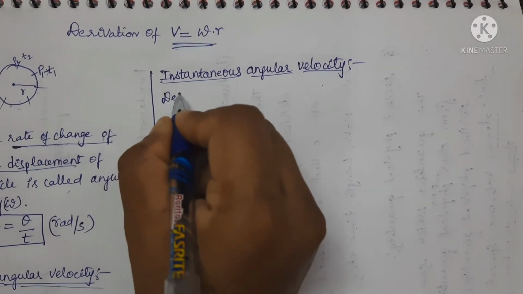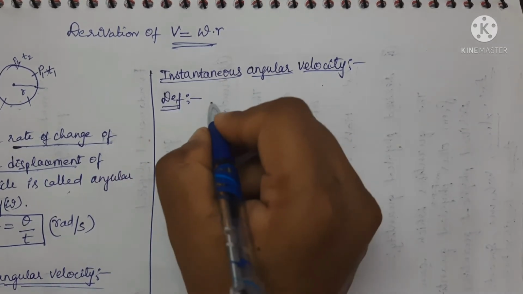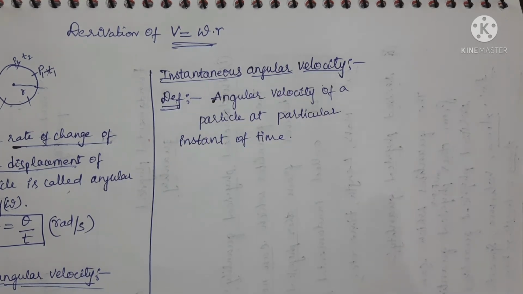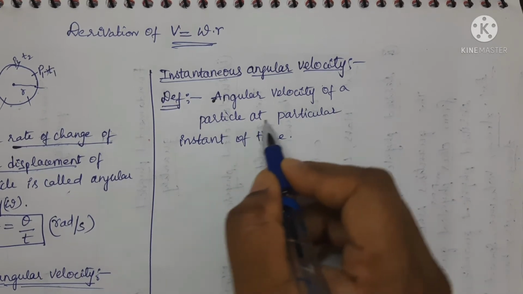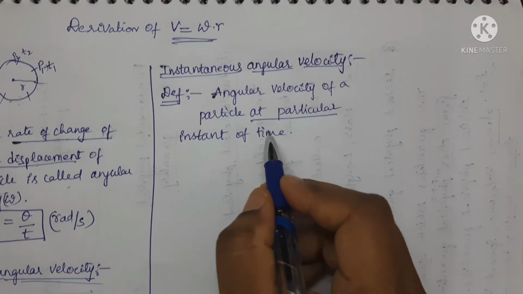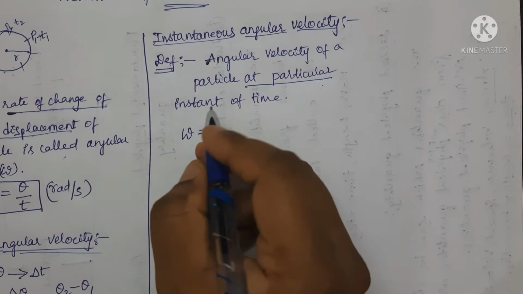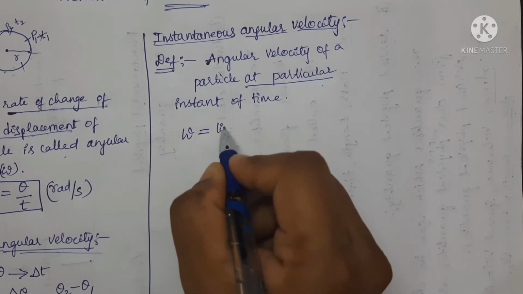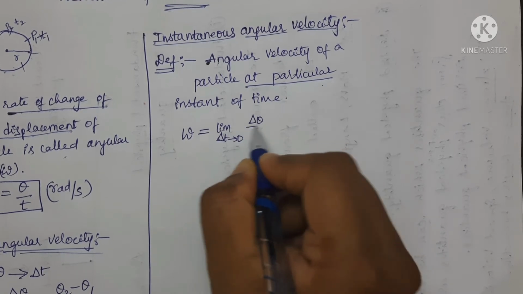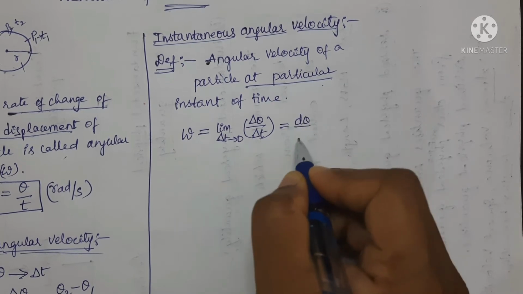Now let us talk about the instantaneous angular velocity. The definition for the instantaneous angular velocity is the angular velocity of a particle at a particular instant of time. Let us write the formula for instantaneous angular velocity, that is omega is equal to limit delta t tends to 0 delta theta by delta t, which is equal to d theta by dt.